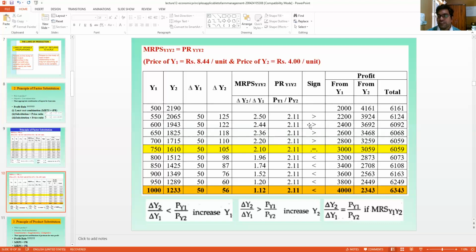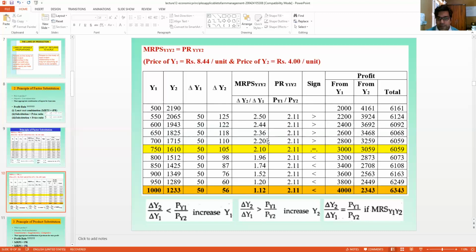So when MRPS is more than the price ratio, we should not be increasing Y1, because the profit is decreasing. But what we have to do, when MRPS, delta Y2 upon delta Y1, is more than the price ratio, is increase Y2.